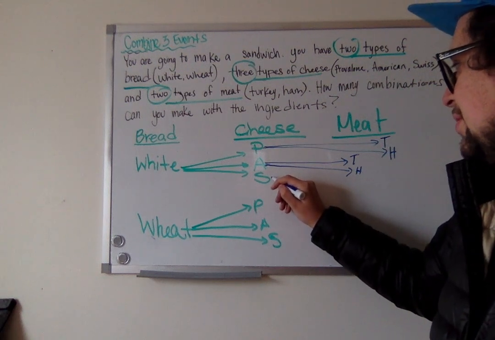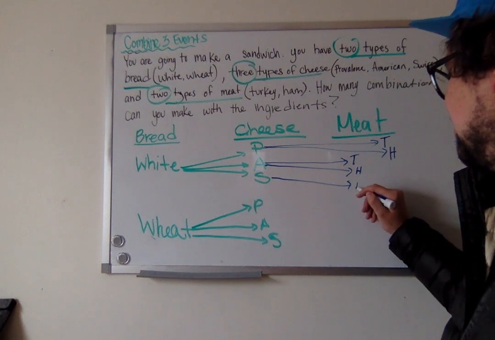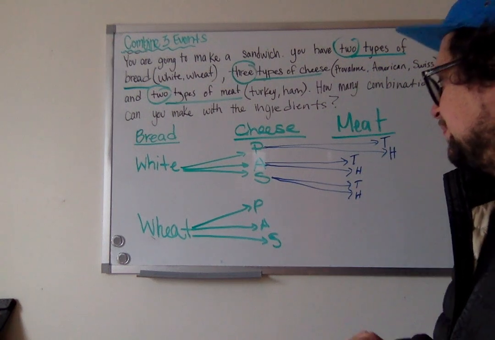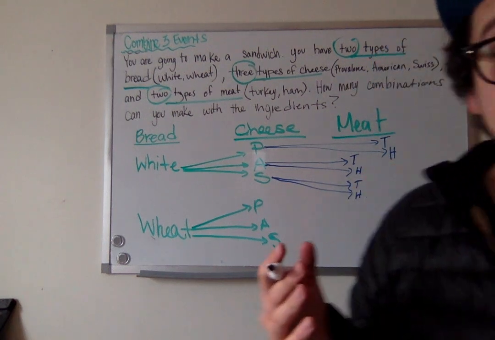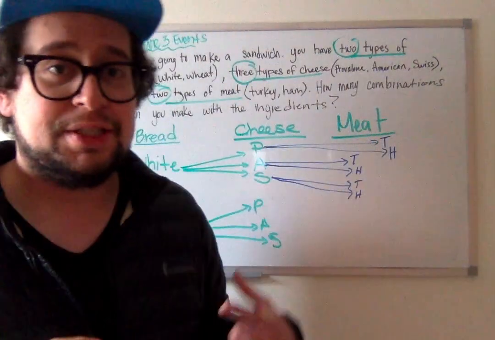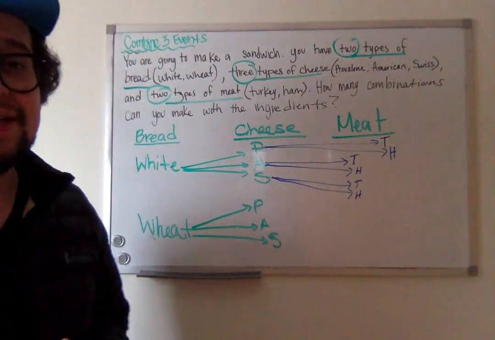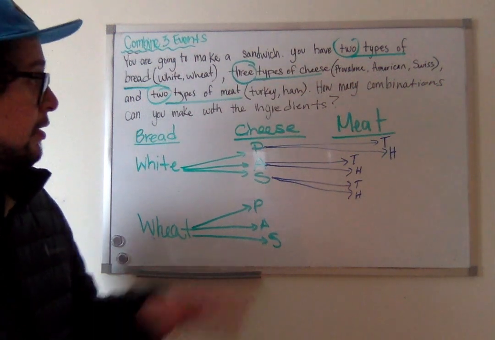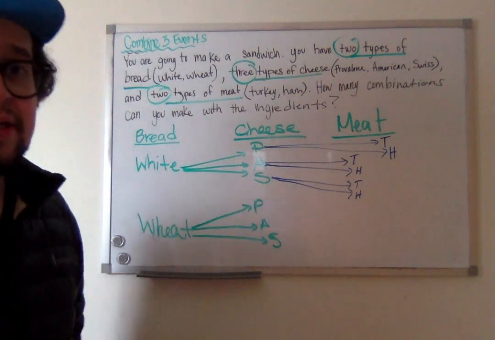And similar with the Swiss, I can get turkey or ham. Okay, so I've taken my cheeses and I have matched them up with my different meat options.